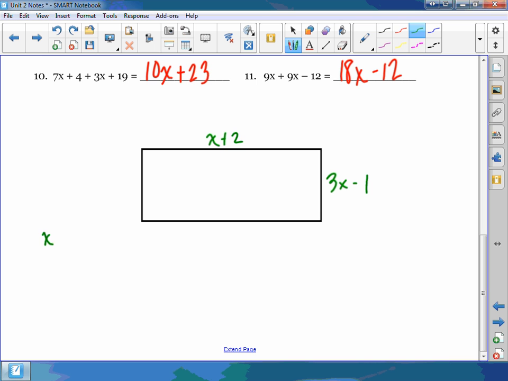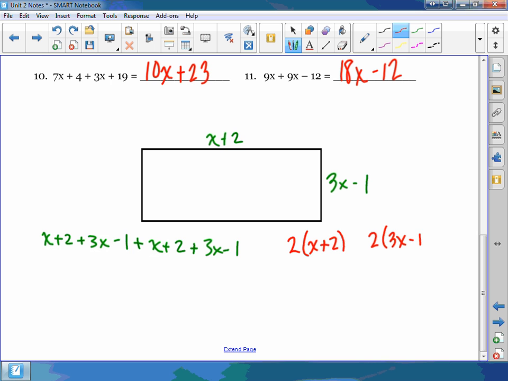So you could do the x plus 2 plus 3x minus 1 plus another x plus 2 plus another 3x minus 1. And you could go ahead and model that if you'd like, or just push together terms that are similar. Or what we could do here is I could say, well, I have 2 of these x plus 2 sides, and I have 2 of these 3x minus 1 sides.